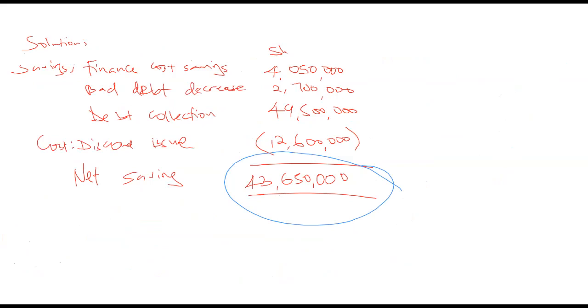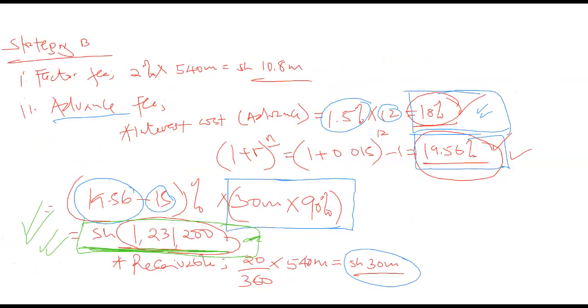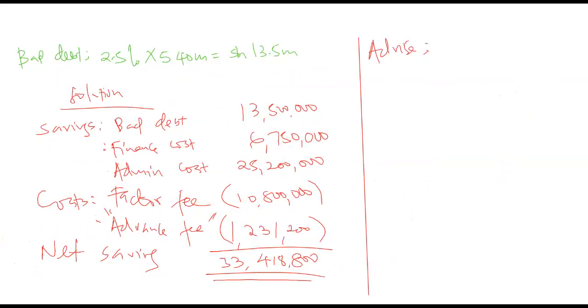Therefore, you advise the company which strategy to take. The company should take strategy A, since it yields the highest annual net saving.